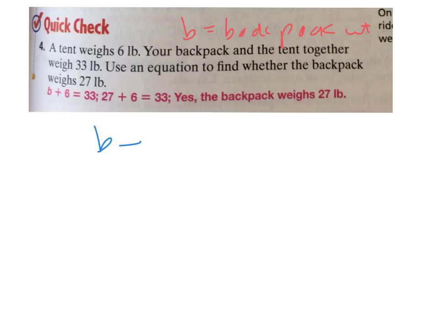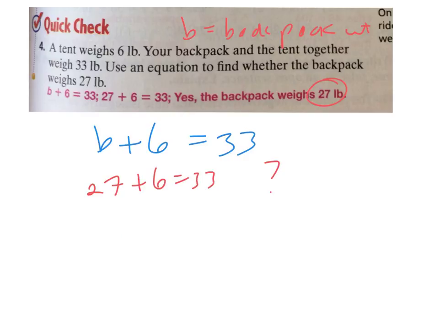We're going to say backpack plus your tent of 6 pounds equals 33. So we're checking, can we put in 27? So 27 plus 6 equals 33. That's the big question here. And let's see, 27. Yep, it does. 33 does equal 33. So the answer is yes, the backpack is 27 pounds.